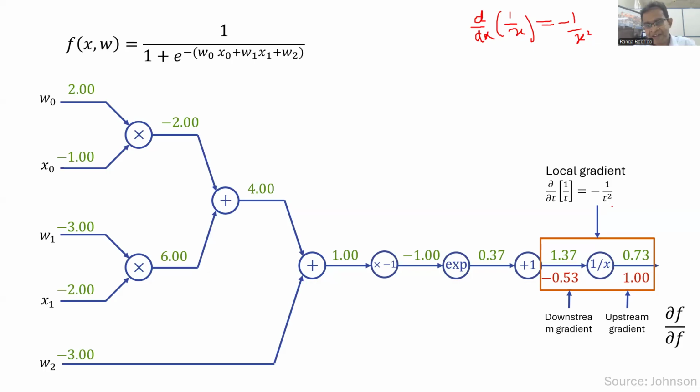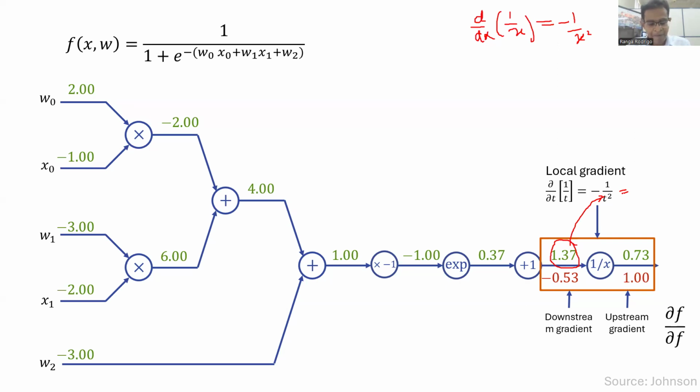So similar thing I have written. What is the value of t? 1.37 is the value of t. Now I substitute it here: minus 1 over 1.37 squared. That number is there, so let me compute that with the calculator.